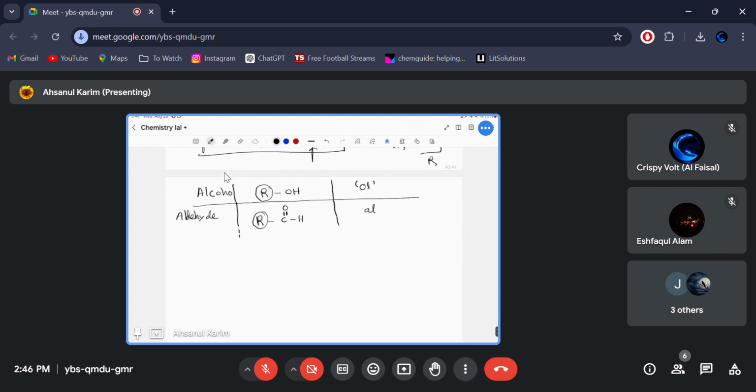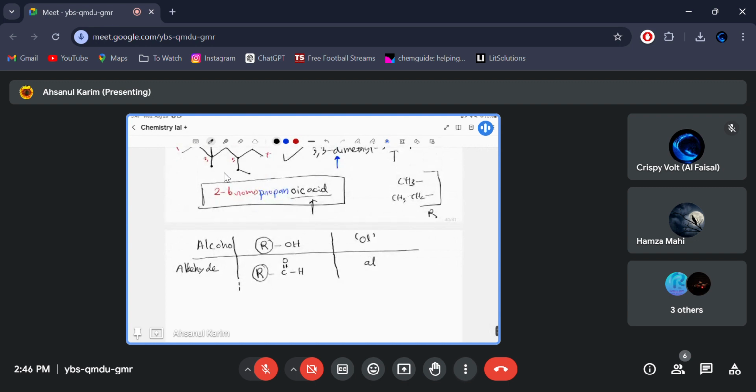So what is R? R is an alkyl group. It could be CH3, methyl, ethyl, or propyl. Anything, that's the hydrocarbon part. It is just the hydrocarbon group, hydrogen and carbon, just the alkyl group.